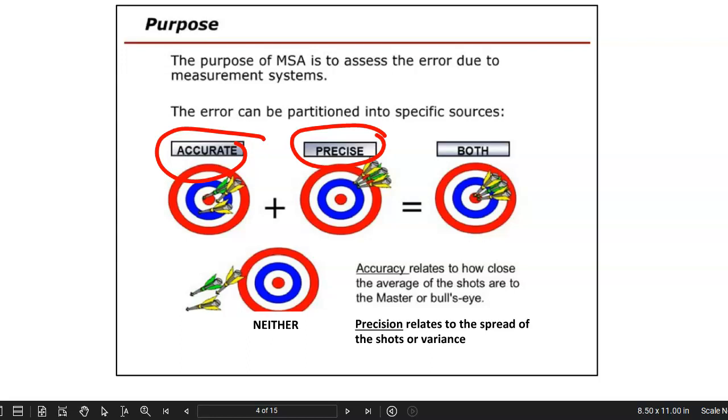Is the resolution appropriate for the type of phenomena that we're measuring? And what's the level of bias? Is it offset or off-center? Those are elements that help us to determine if we're accurate. For precision, it's about repeatability and reproducibility. And we'll take a look at repeatability and reproducibility next.